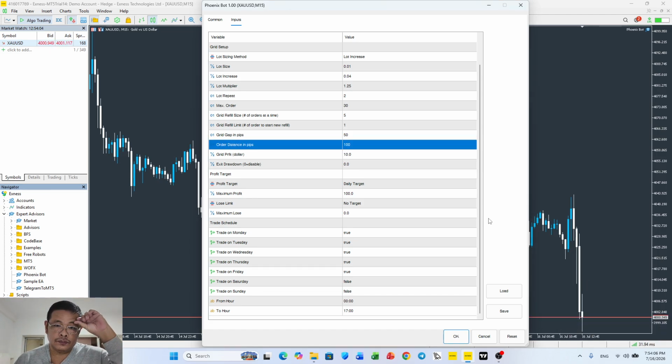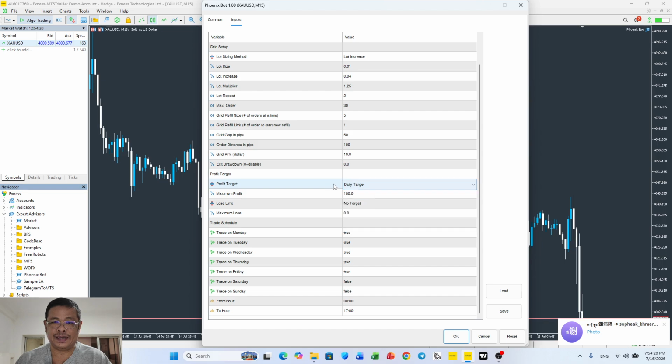The third point that I want to clarify is how you perform the trade. If you are greedy, you may take out the target, meaning there's no target.